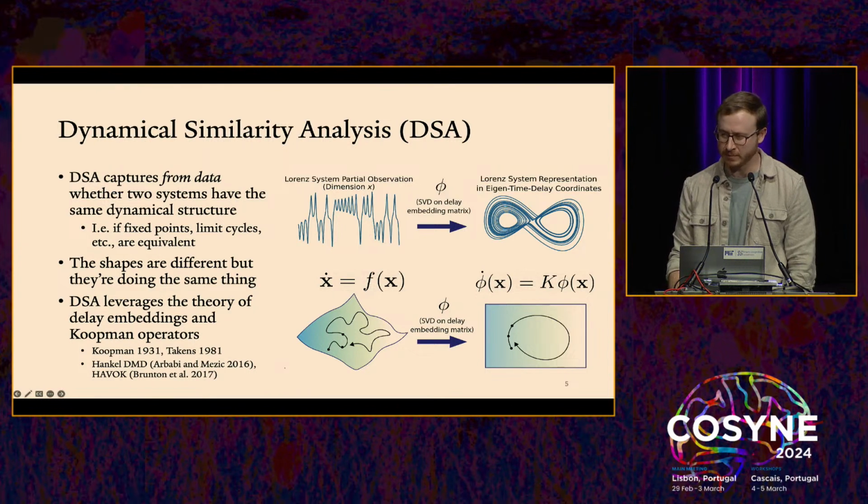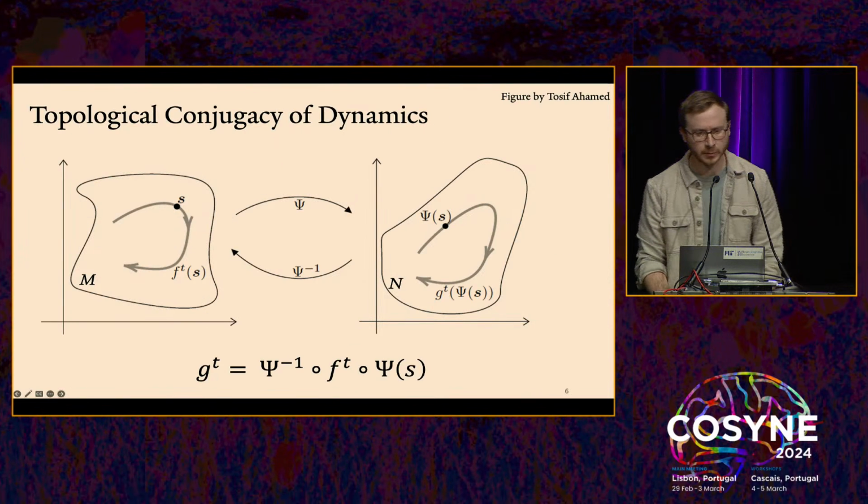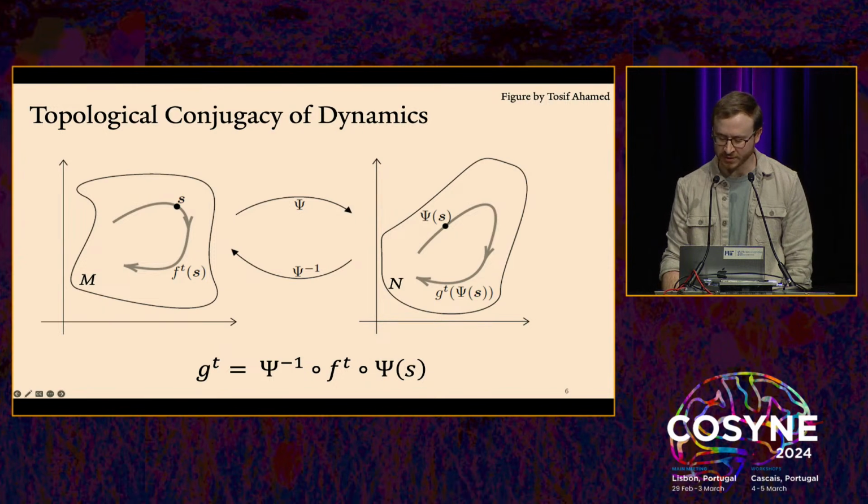But what do I really mean mathematically by dynamical similarity? The notion of similarity we chose to emphasize is called topological conjugacy, and I want to provide some intuition here.